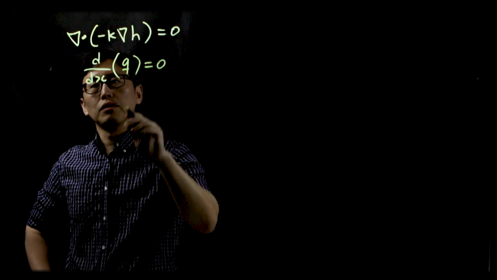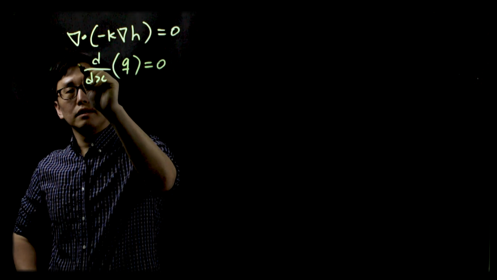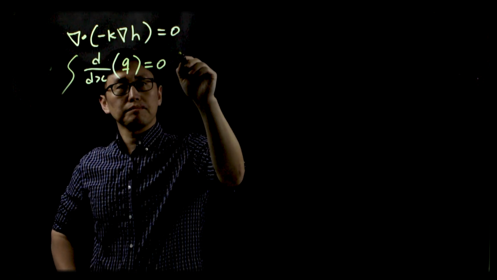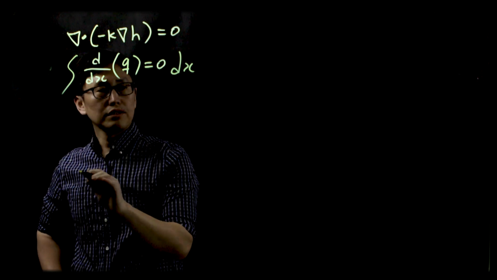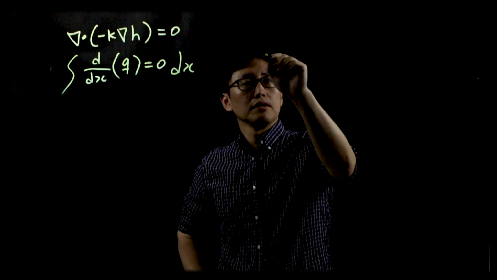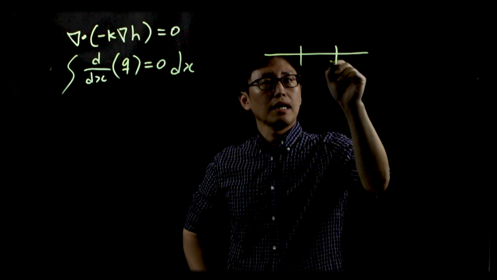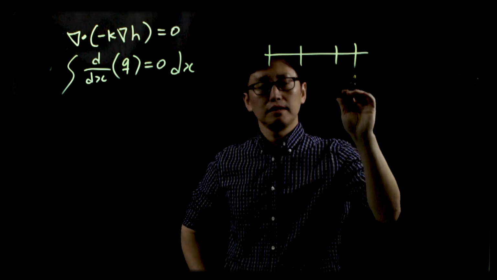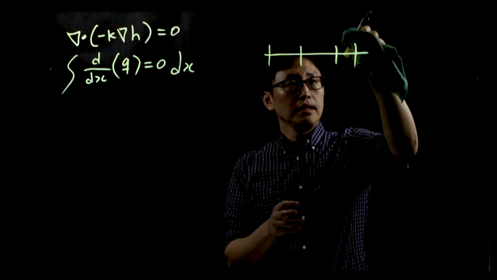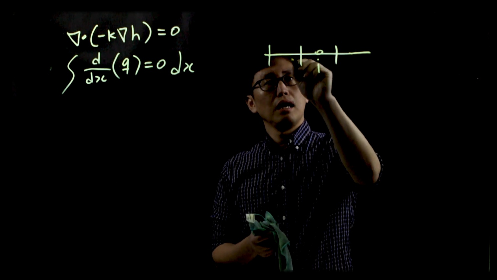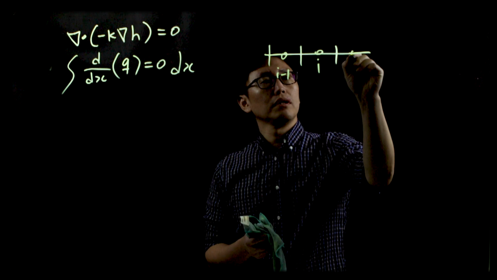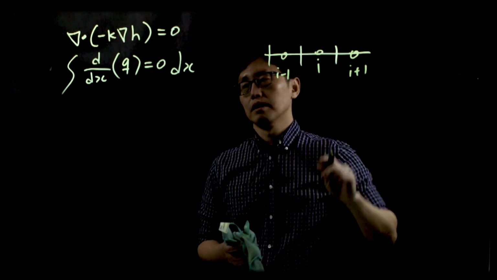is equal to 0. And we take the integral of this equation, for an arbitrary cell i, where the cell is a segment of the discretized groundwater system domain, with neighbors i minus 1 and i plus 1.